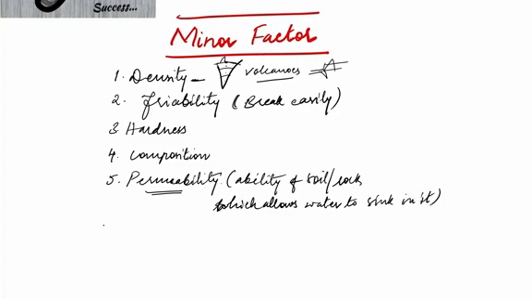This is permeability. And the other is porosity. Porosity is nothing but a kind of rock which has small holes in it. This is called porosity. That means it is porous.